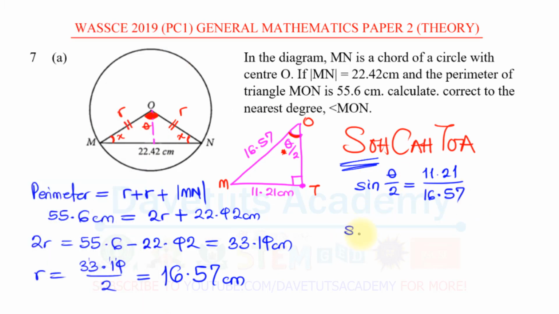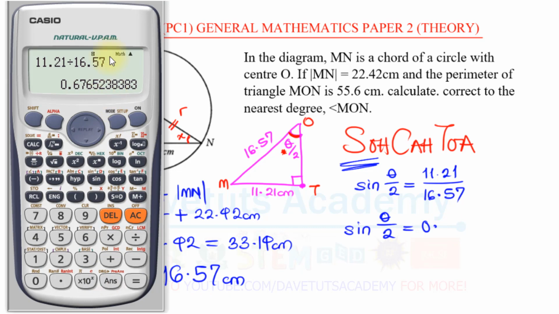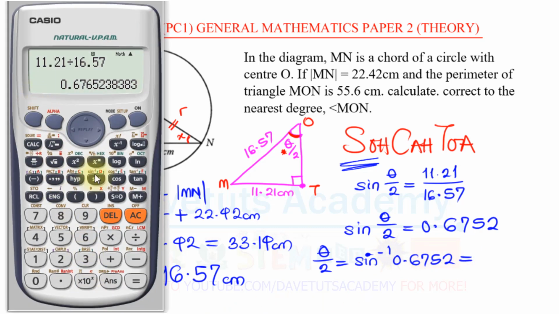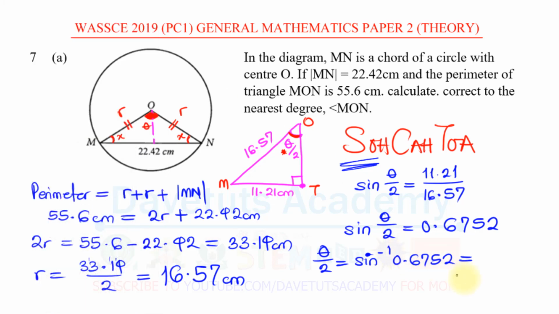So sine theta over 2 is equal to 0.6752, meaning that theta over 2 is equal to arc sine 0.6752. So what is the arc sine of the answer we just got? That's 42.57.